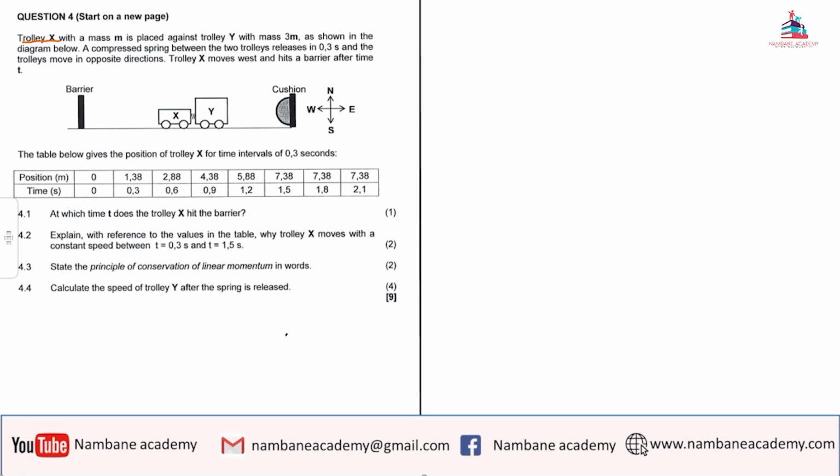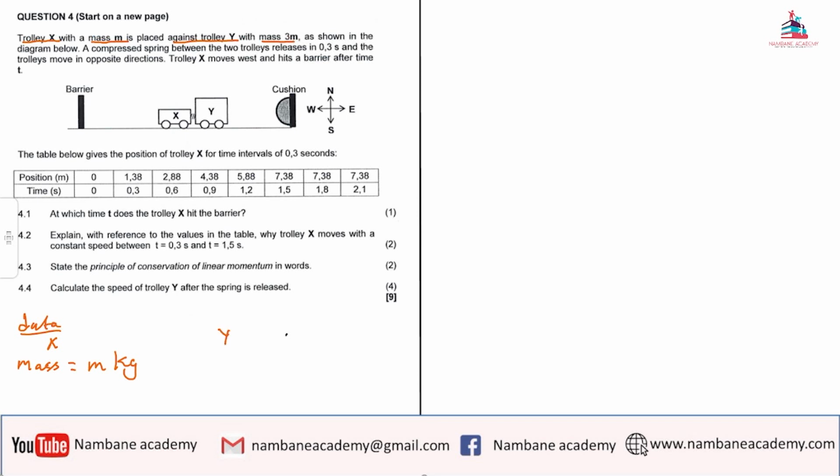Trolley X with mass M. So they are not giving us the mass. So let me just write down the data to say for X we have M, which is just m kg, is placed against trolley Y with mass 3m.